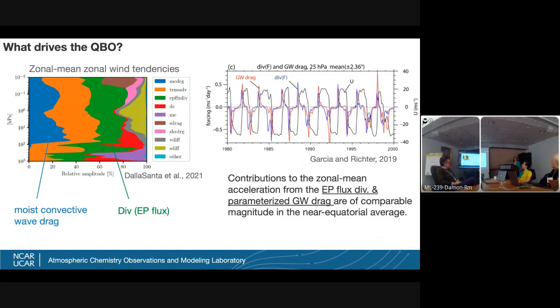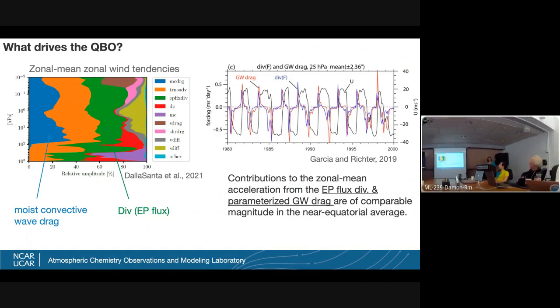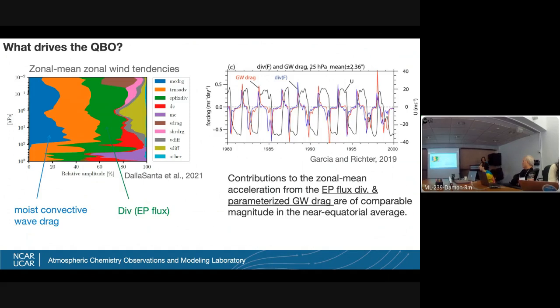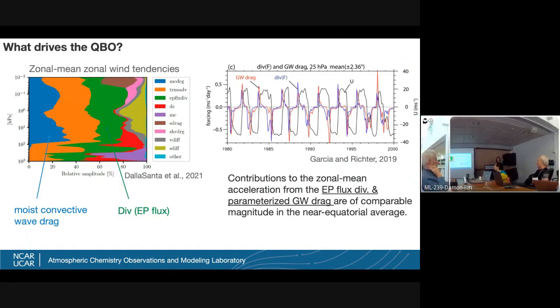So I'm sharing with you two plots. On the left is a figure from Santa around 2021. They looked at what drives the QBO. To understand the QBO, we have to know what's behind it. So they did a zonal mean zonal wind tendency analysis. On the left plot, there are multiple colors, 10 different terms, and I just put two arrows.